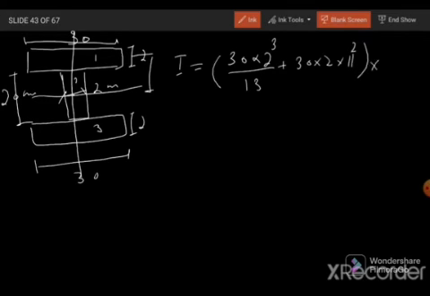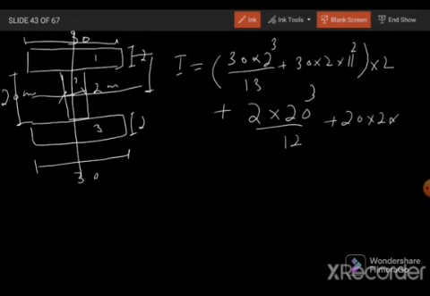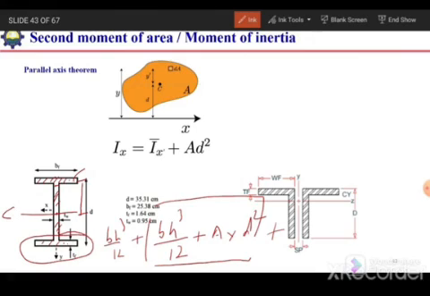We multiply it by 2 to account for the third figure, then plus for the second figure it is 2 times 20 cube over 12, plus the area 20 times 2 times the distance between the centroid of the whole figure and the centroid of this second figure, which is the same, so 0 square. From here we can calculate the second moment of area about the centroid of this composite shape. Similarly, we can also calculate the second moment of area for this built up section by using the parallel axis theorem.